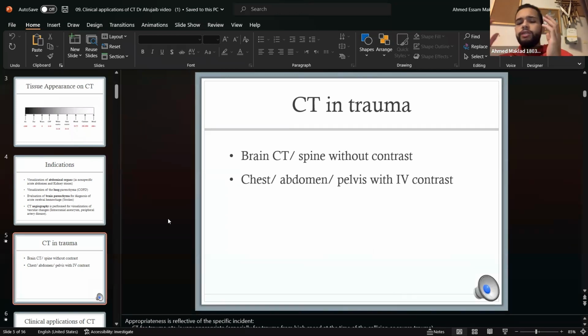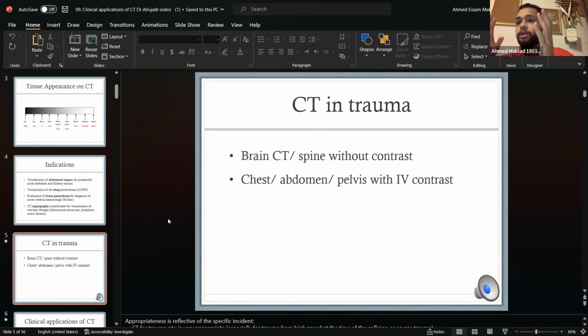All right. So for CT, why do we get a CT scan in stroke? Like what are you trying to see in a stroke patient when you get a CT scan? All right. You're not trying to see a stroke.